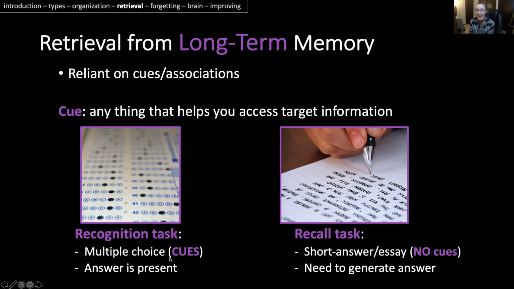The answer is there. You just have to pick it out. Whereas in a recall task, a short answer or essay question, you don't have any cues. The answer is not there. You need to generate it yourself. So typically, the presence of cues makes it easier to do a recognition task, a multiple choice exam, than a written task. And we can kind of thank cues for that.